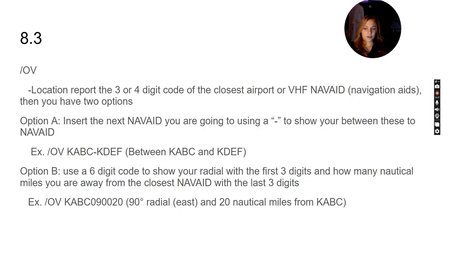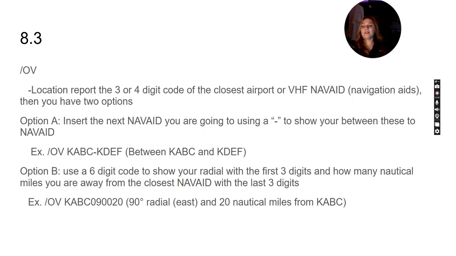from the navigation aid. The first 3 digits are the radial degrees that you're away from it, and then you add how many nautical miles away you are from the navigation aid.